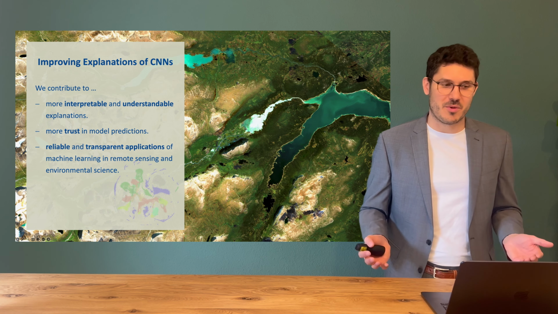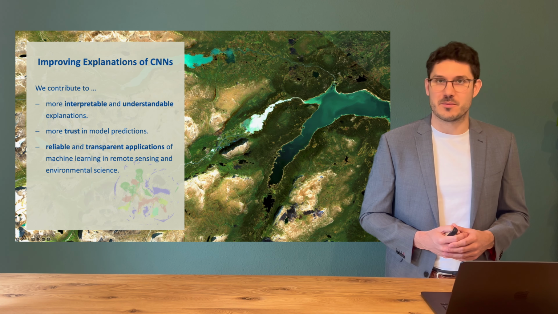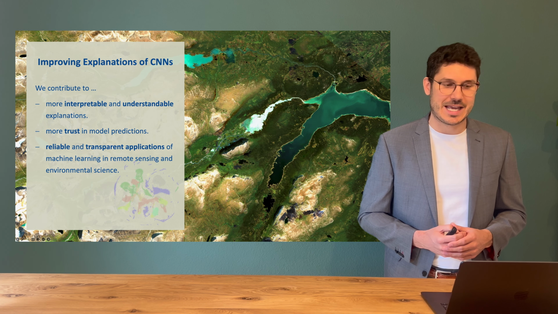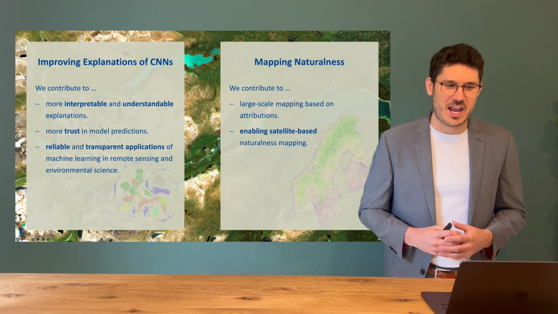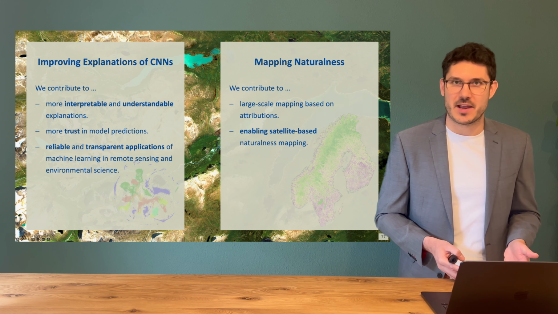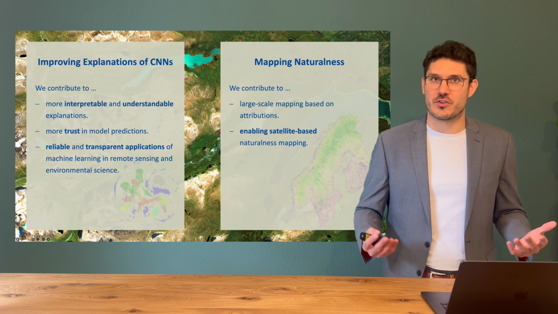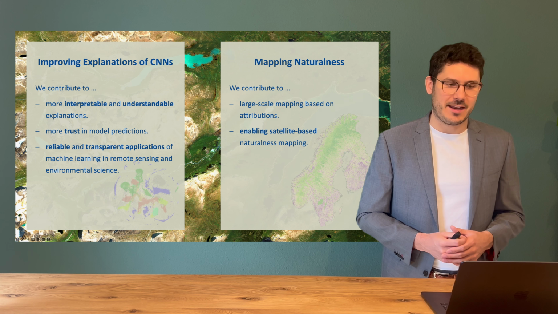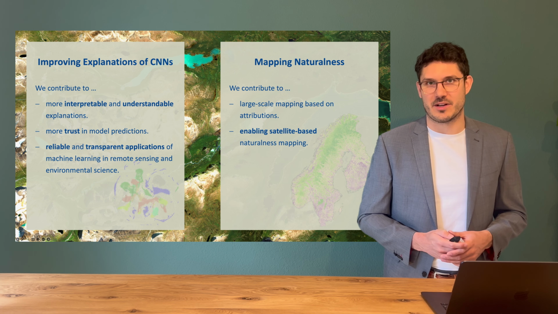We therefore promote reliable and transparent applications of machine learning in remote sensing and environmental science. And on the mapping naturalness side, we contribute to a large-scale mapping based on attributions, which is only possible due to our novel methodology, attribution harmonization. And with this, we enable satellite-based naturalness mapping.